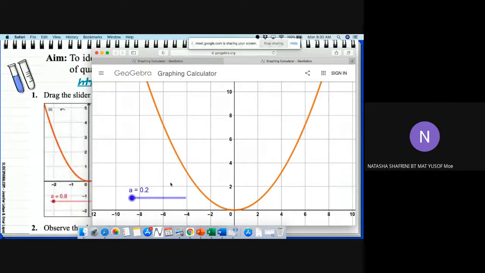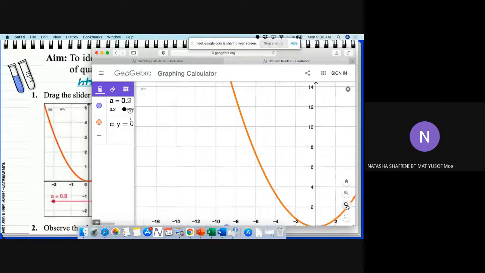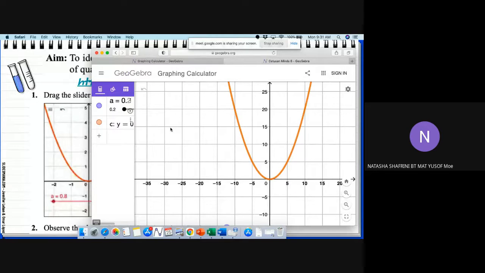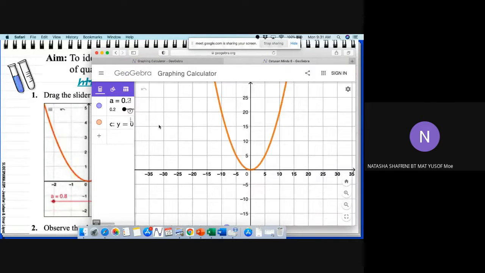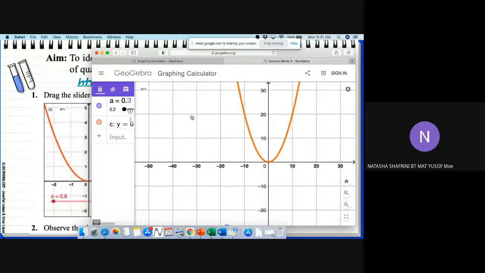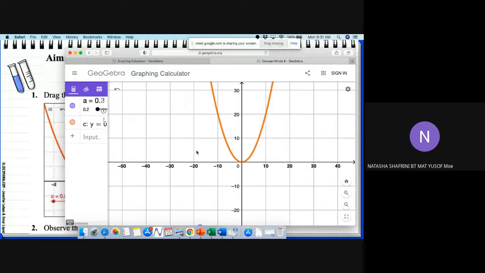Okay, now ini kita punya a equal to 1. Okay, a equal to negative 2.